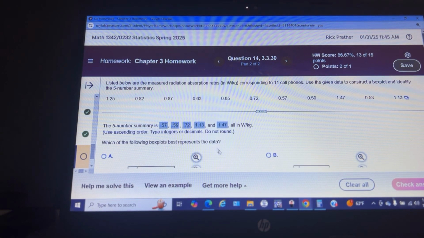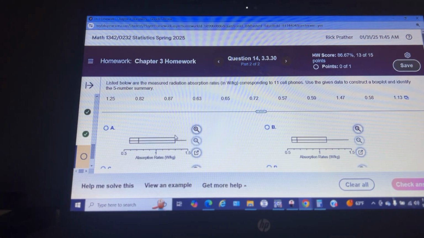So then what about the upper quartile, this 1.13? That's where the right side of the box should be, 1.13. So A is definitely wrong because this is 1. This must be 1.1, 1.2, 1.3, 1.4, 1.5. 1.13 would be about right there. So A is wrong. The box should have ended right there.